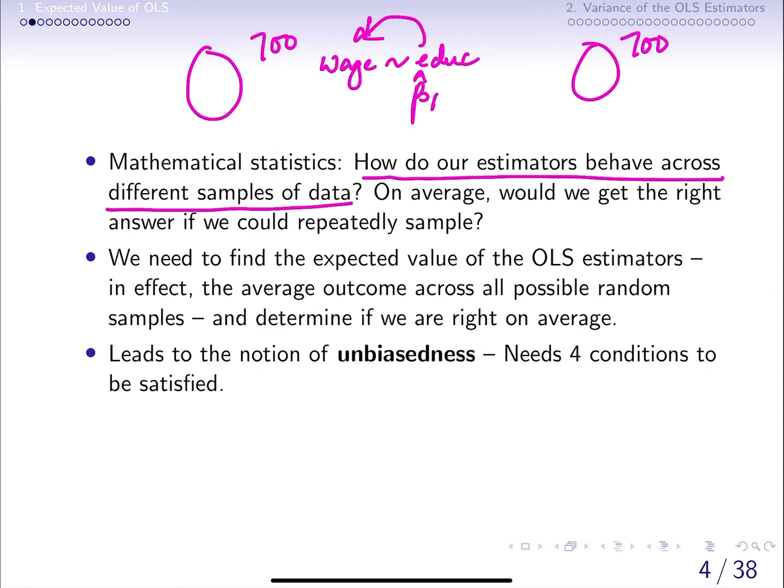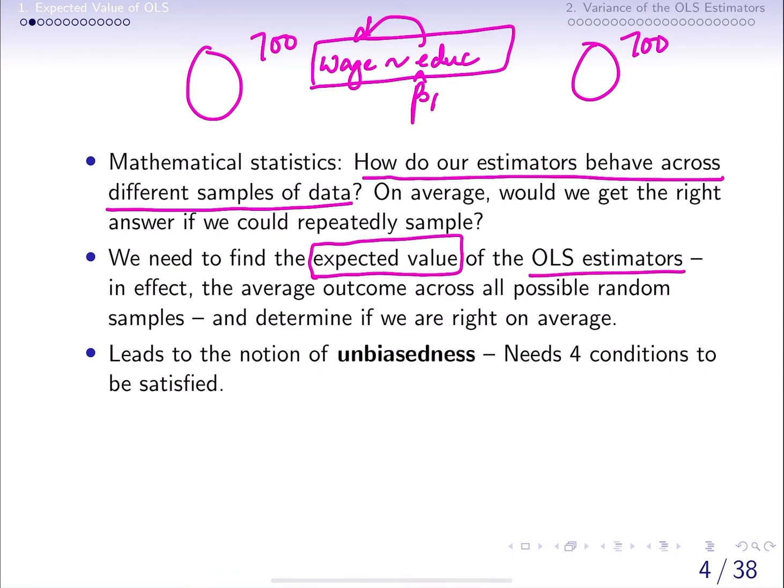If we could repeatedly sample in this way, would we get closer to this relationship that exists between education and wages in the population? Okay, so in other words, we're trying to get to this target of expected value or the average of the OLS estimators, right?